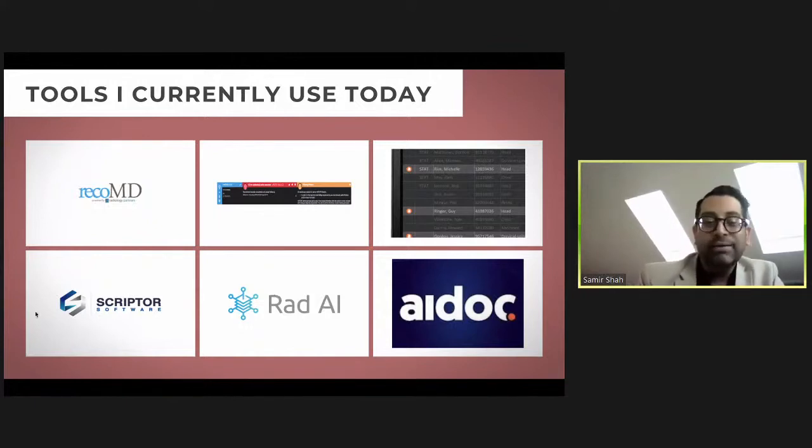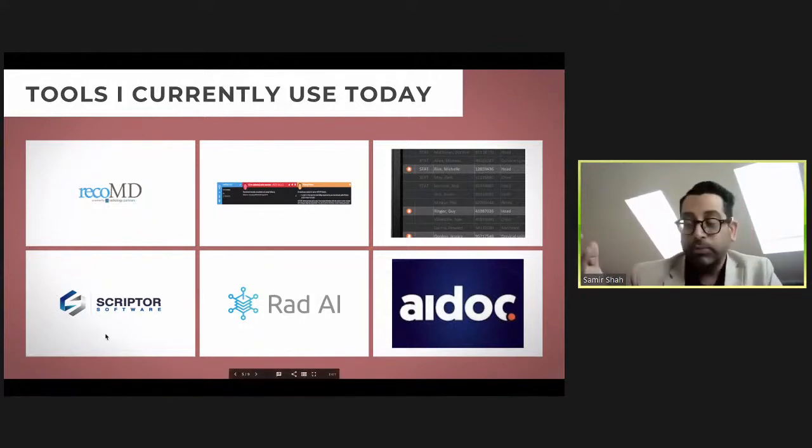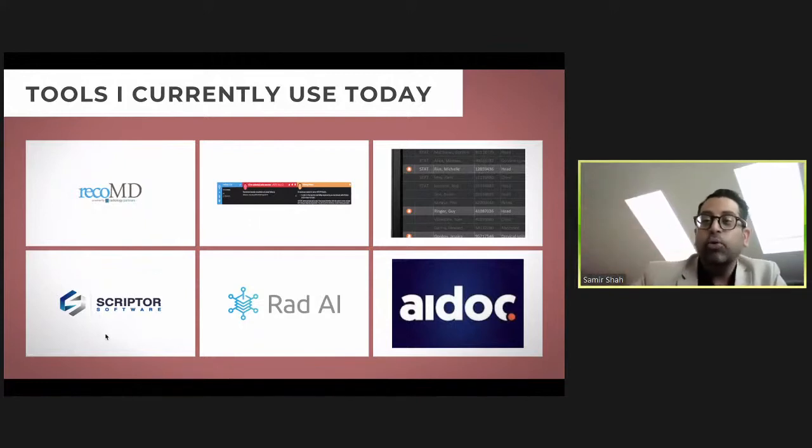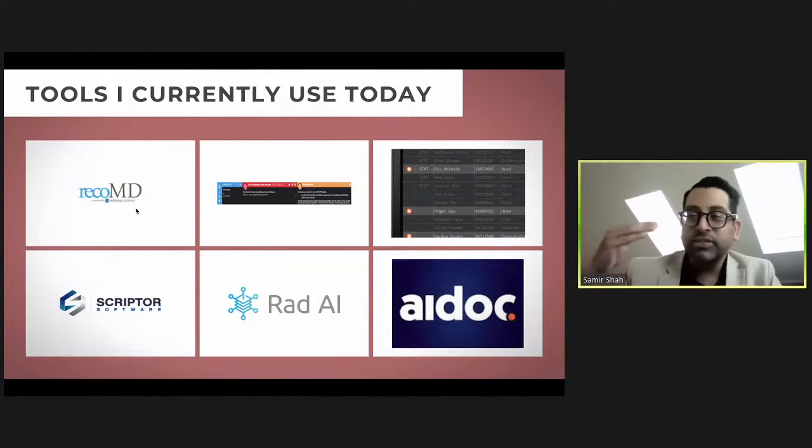I use a report generator that actually puts my report into a structured format from another organization. And then my own organization developed its own AI so that we have standardized best practice recommendations for any entity that we're following. And so, all of these live as widgets on my system.